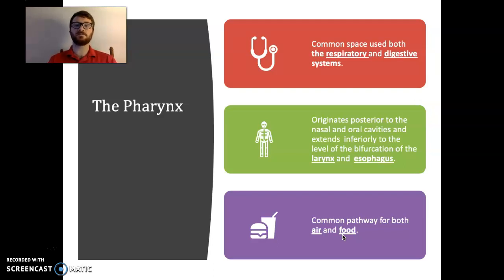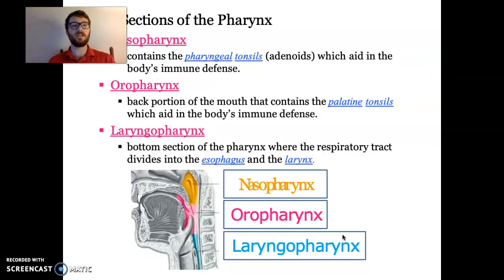It originates posterior to the nasal and oral cavities and extends inferiorly to the level of the bifurcation of the larynx and the esophagus. Wow, it's a lot of words to say. It separates into two different things. It's a common pathway for both air and food, and it has 3 sections.